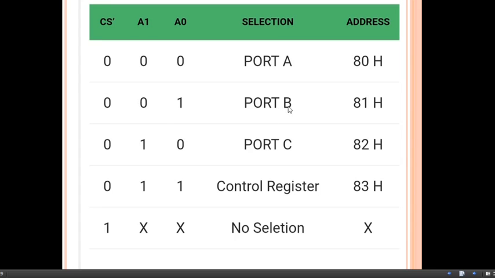Similarly, for port B, the address is 81H. For port C, the address is 82H, and for the control register our address is 83H. Now if the chip select signal is 1 and A0 and A1 are don't care, in that case no selection will be done and no address will be considered.